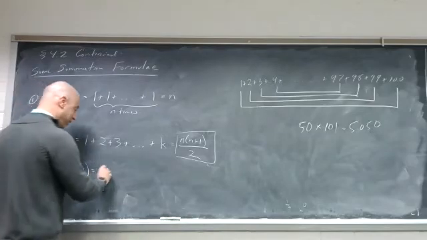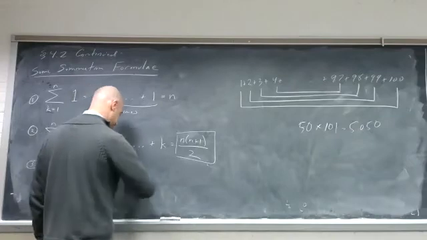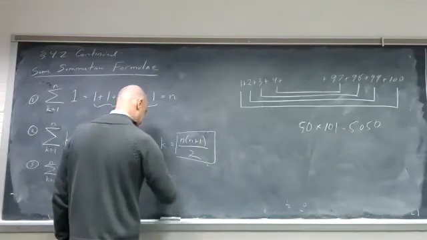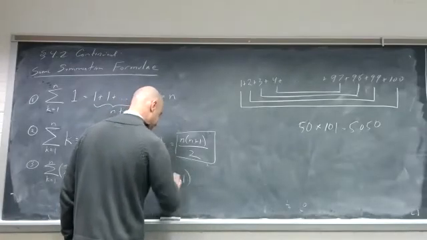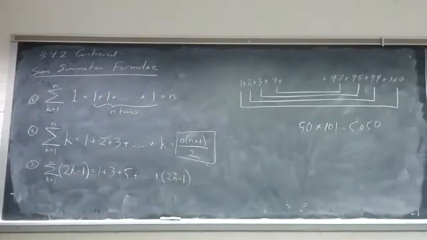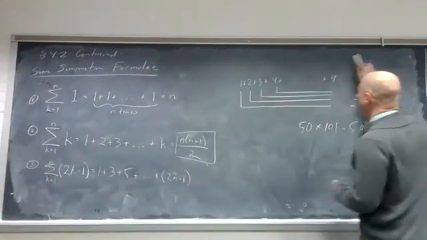So 1 plus 3 plus 5 plus all the way up to 2n minus 1. So the sum of the first n odd numbers. I'm not going to tell you the formula. You're going to tell me what it is.